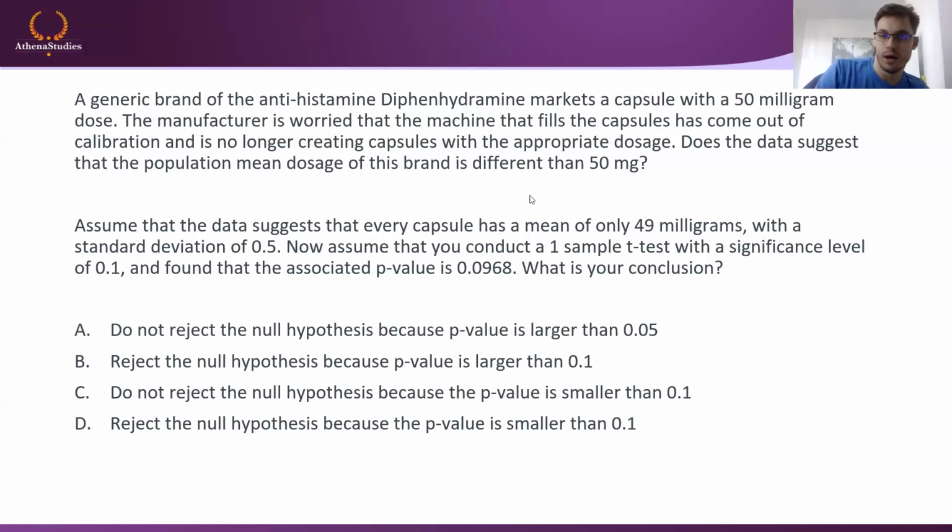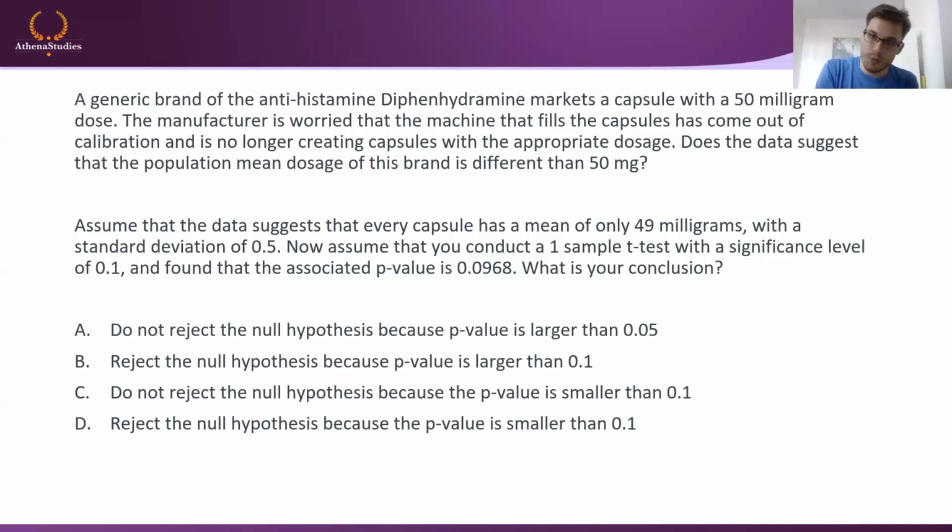Okay, let's see. Some are saying A, some are saying D. Okay, so what did I say here, guys? We have to remember that the two things that are important for us are the significance level and the p-value, given our conclusion on whether or not we want to reject.